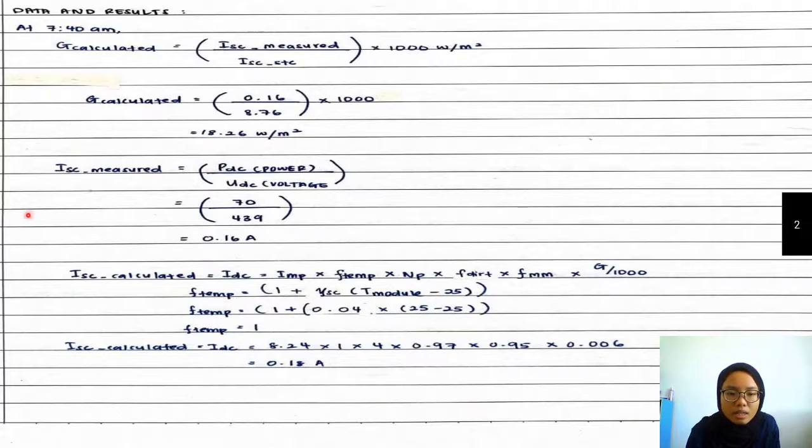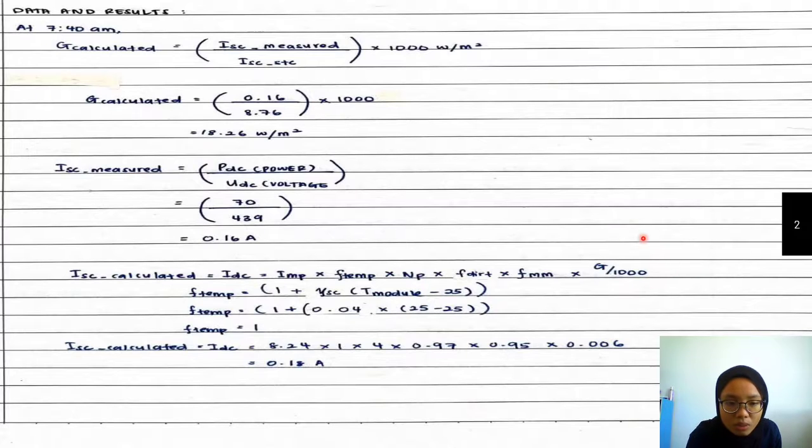Next, we calculate ISC measured. How we calculate is by using PDC power over VDC voltage. PDC power is 70 while VDC is 439. So ISC measured is 0.16 ampere. Next, we calculate ISC calculated. We use IDC, which is equal to IMP times F temperature times NP times F dirt times FMM times G over 1000.